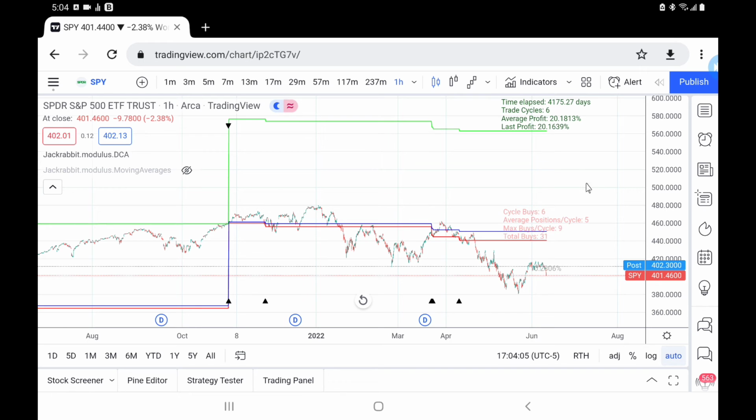Let's take the average of 5 positions per trade cycle, or 30 positions total. Not bad. Of course, you see it's taken 4,000 days. So this isn't a short-term process.